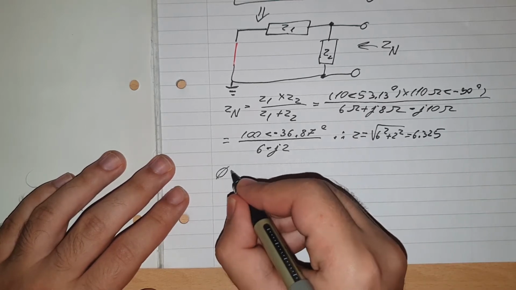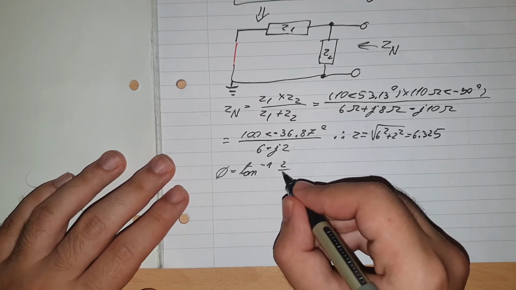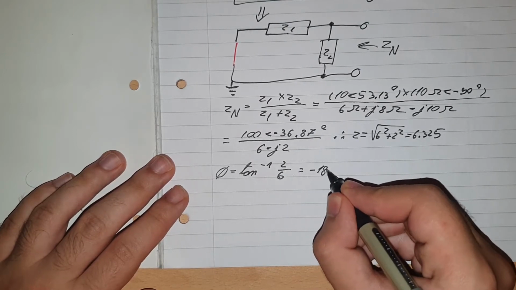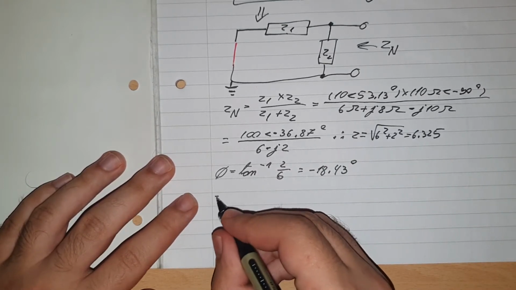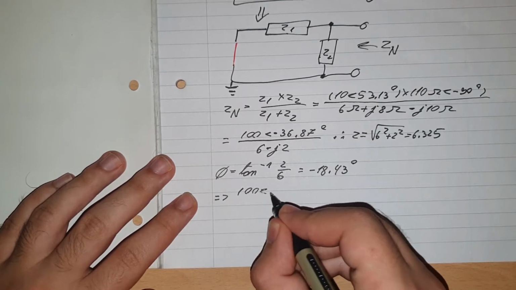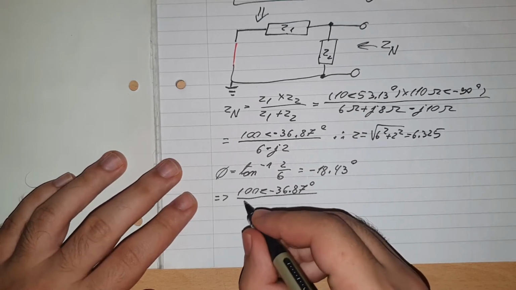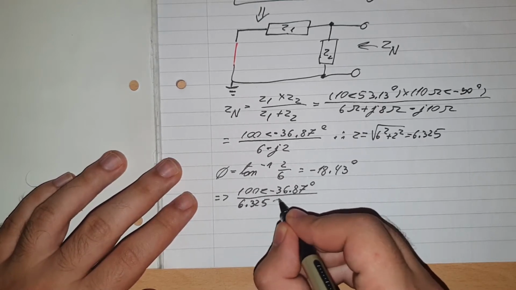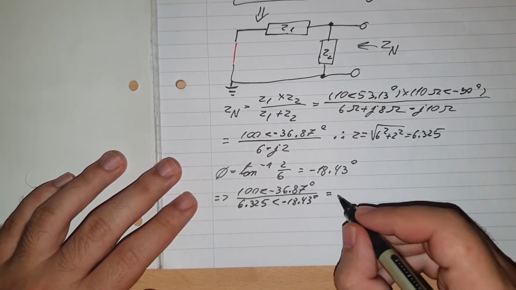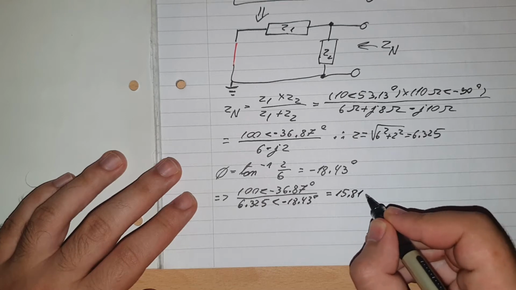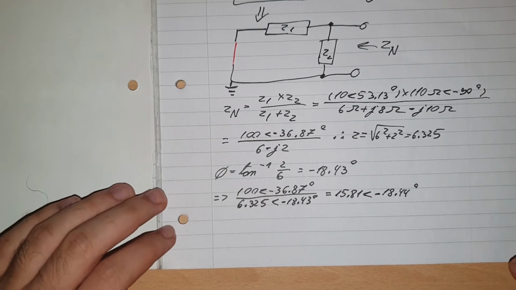The angle would be tan to the minus 1 of 2 over 6, which equals minus 18.43 degrees. So 100 at an angle of minus 36.87 degrees divided by 6.325 at an angle of minus 18.43 degrees gives the answer 15.81 at an angle of minus 18.44 degrees.